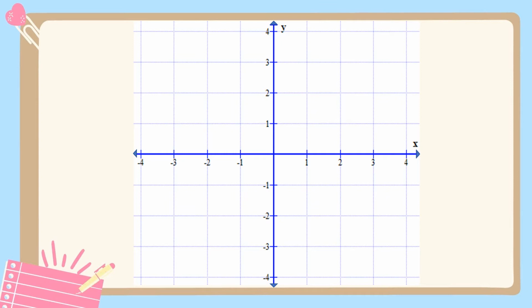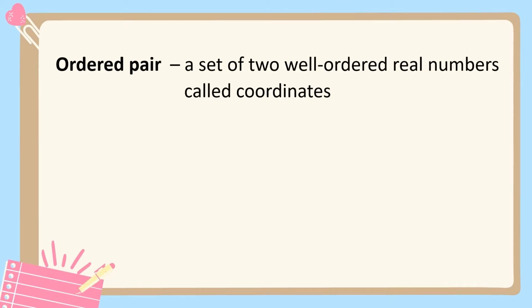Now we are going to describe our Cartesian coordinate system. The horizontal number line is what we call the x-axis, while the vertical number line is what we call the y-axis. The point of intersection of the two axes is called the origin, and in ordered pair it is written as (0, 0). An ordered pair is a set of two well-ordered real numbers called coordinates.